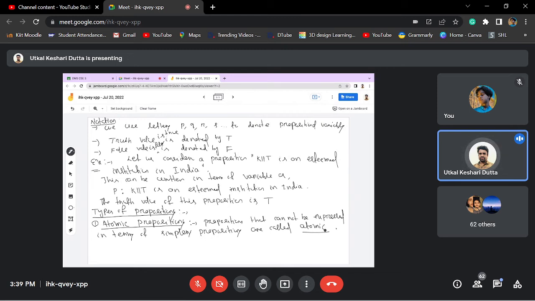Whenever you are taking a proposition, if that proposition cannot be simplified further, it must be an atomic proposition.